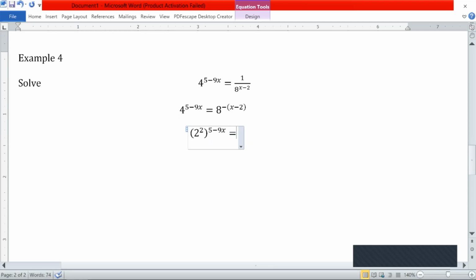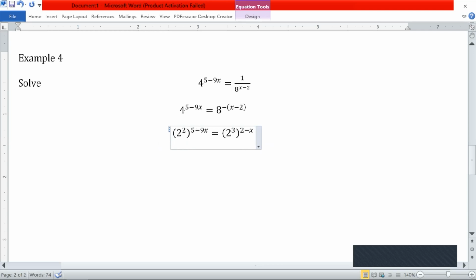And then I'm going to replace 8 with 2 to the power of 3, because 8 is 2 to the power of 3, and then to the power of, let me simplify that, minus x, that is, I can say 2 minus x. I hope you can follow.